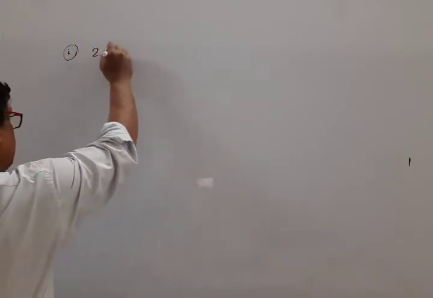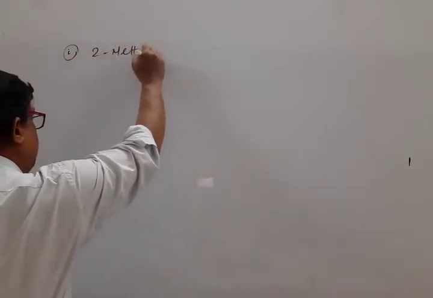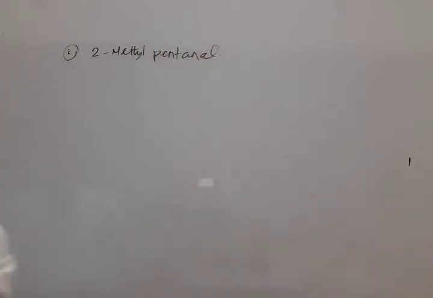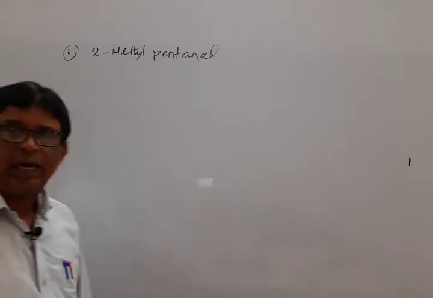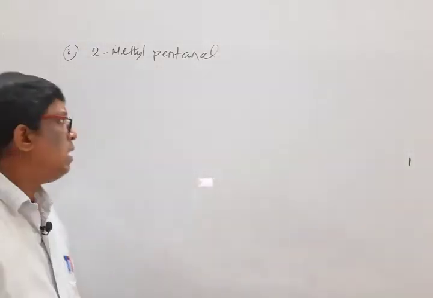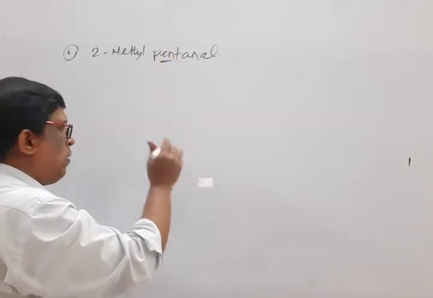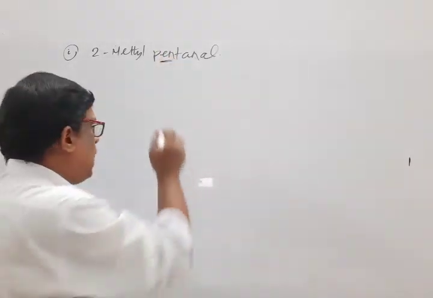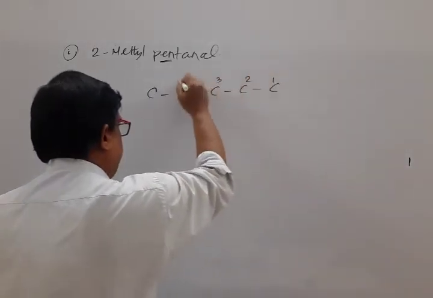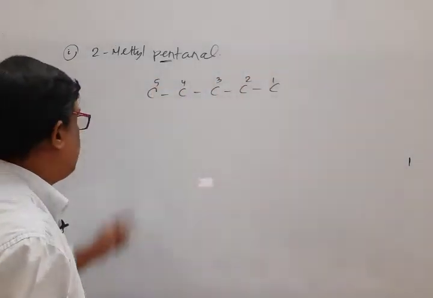One is 2-methyl pentanal. Mark that, one structure is there. 2-methyl pentanal means here root word is pent, 5 carbon atoms. If we normally write the formula, 1, 2, 3, 4, 5, 5 carbon atoms are there.